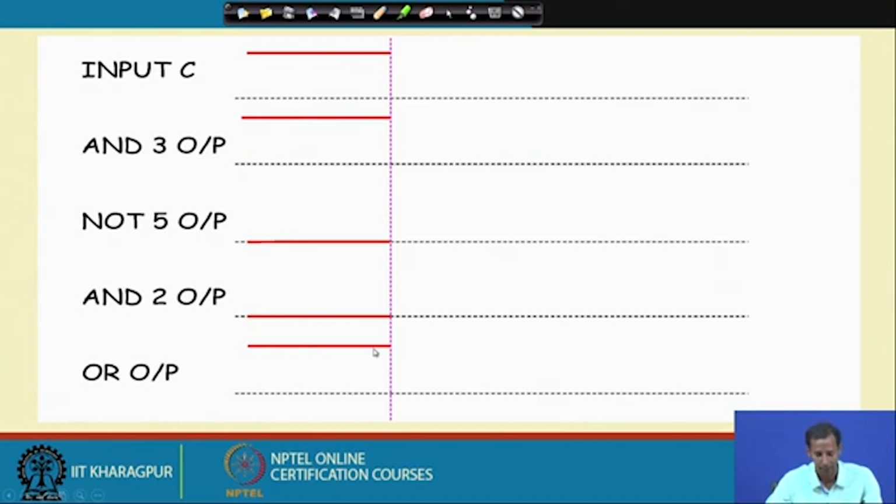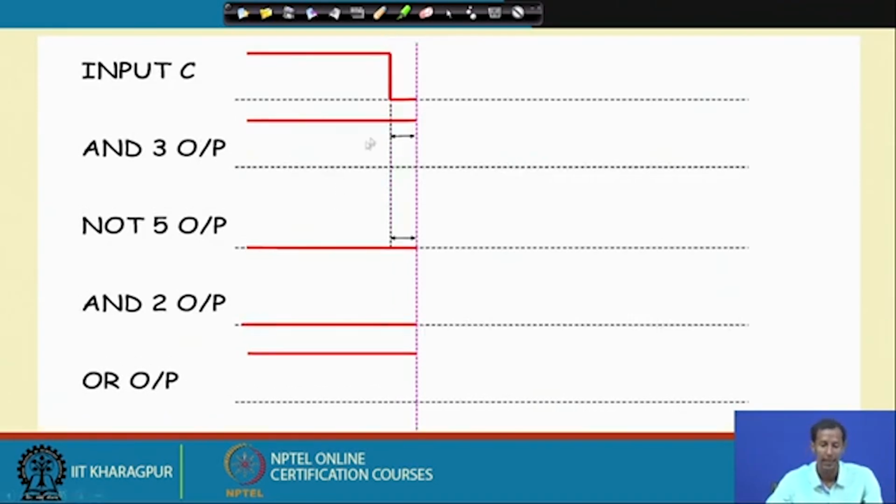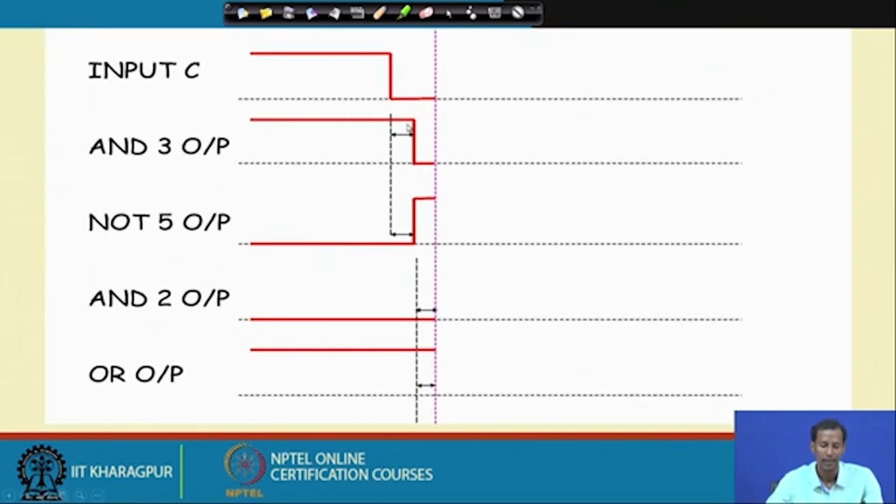Then input C is changed to 0, and the AND 3 output, after some time, will be 0, because this gate has some delay.